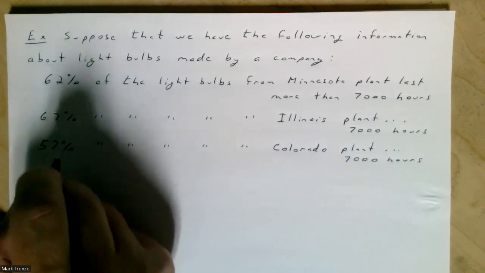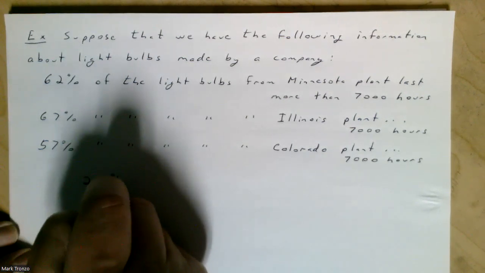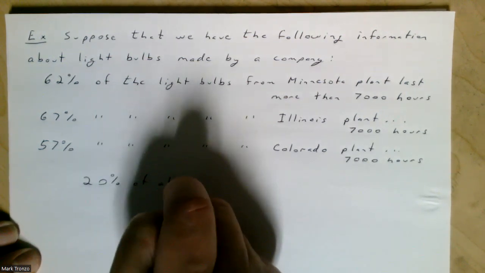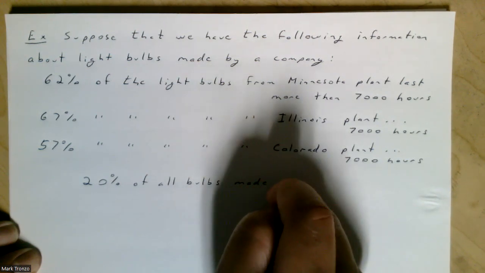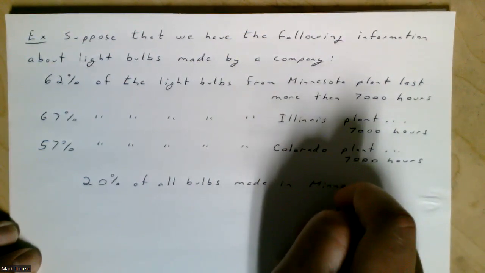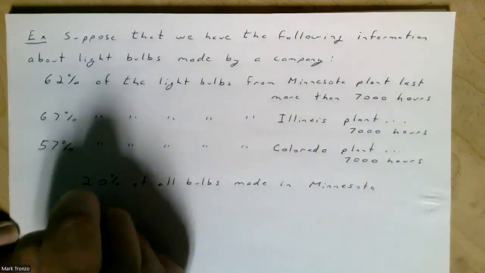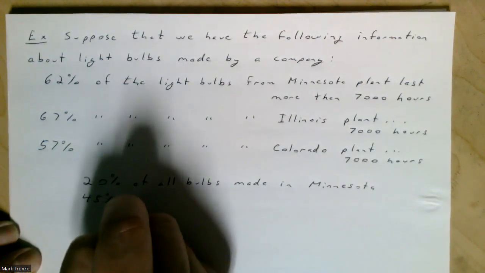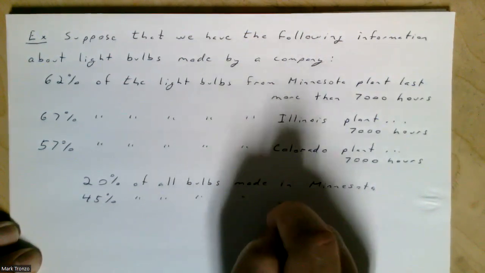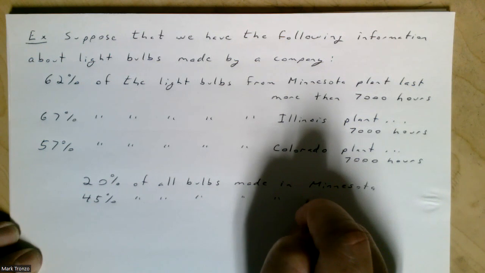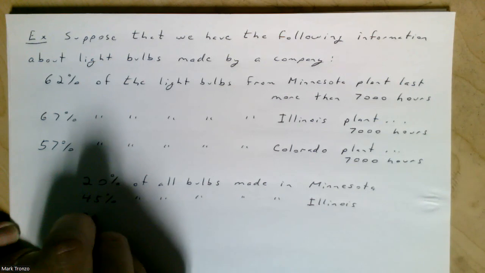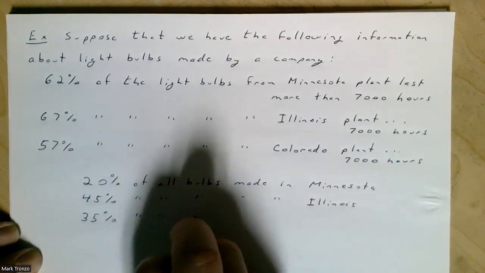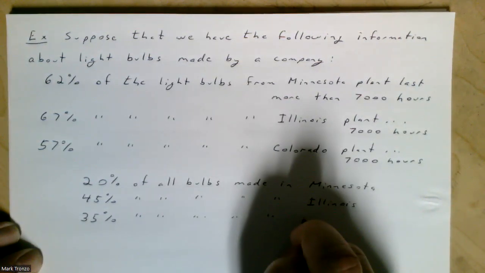We also know 20% of all bulbs are made in the Minnesota plant, 45% of all bulbs are made in the Illinois plant, and 35% of all bulbs are made in the Colorado plant.